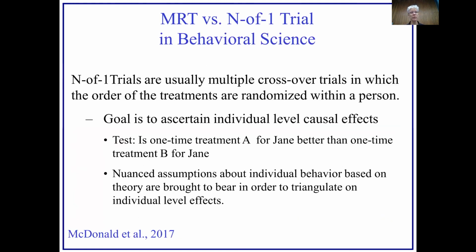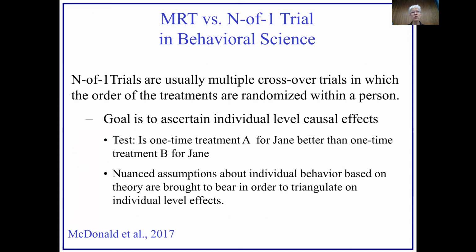Now, in our setting with micro-randomized trials, we believe that treatment A might be better in one context than another. And as your context dynamically changes, you may do better with treatment B than treatment A. But we're not necessarily going after individual level effects.